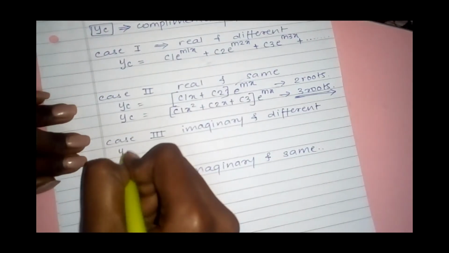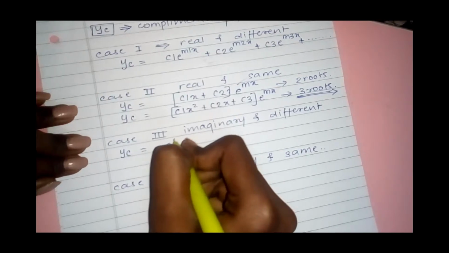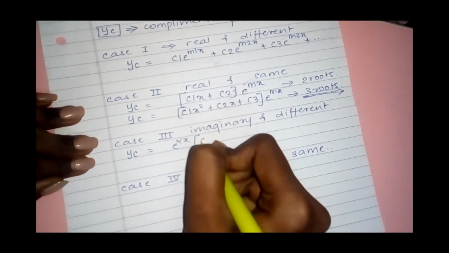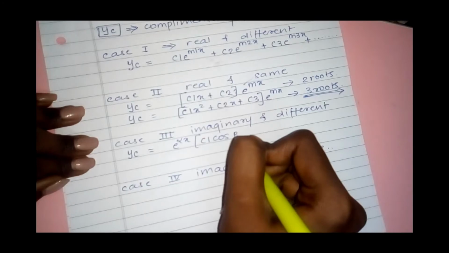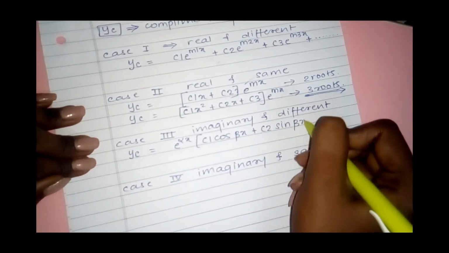For imaginary roots, yc is equal to e raised to alpha x (c1 cos beta x plus c2 sin beta x).